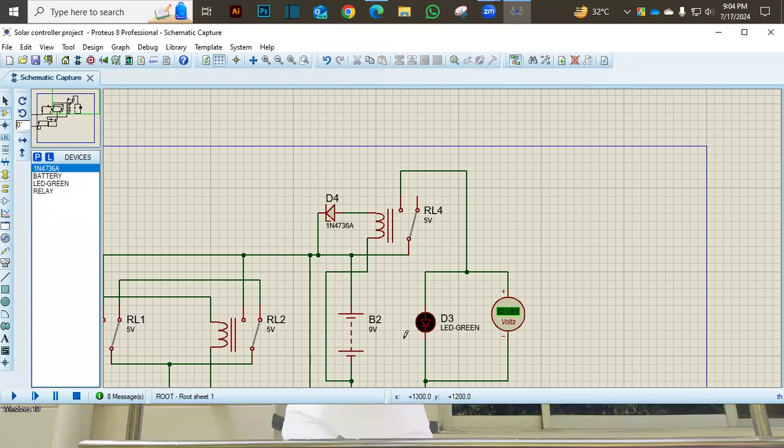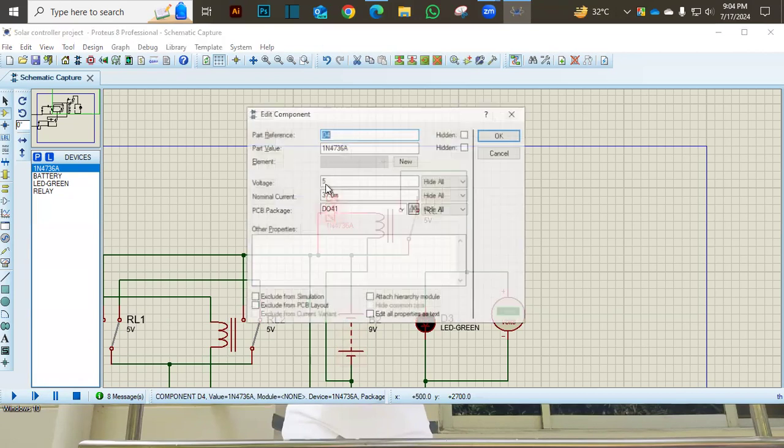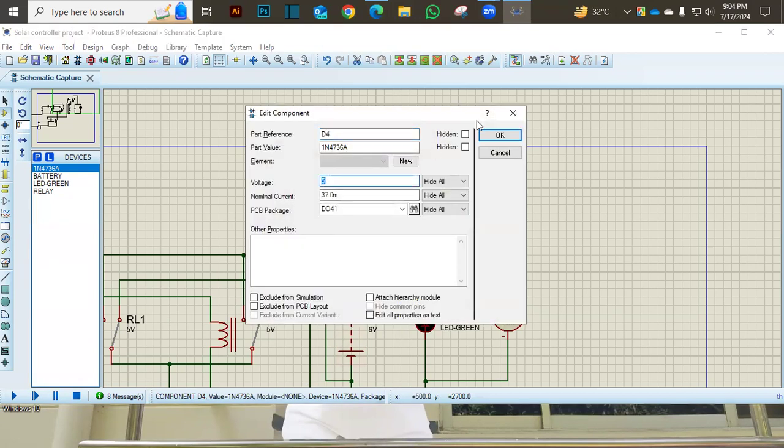Okay, now we are going to see what happens if we reduce our battery level to 9 volts. We set the generator to 5 volts.